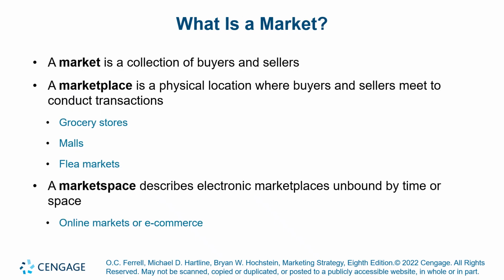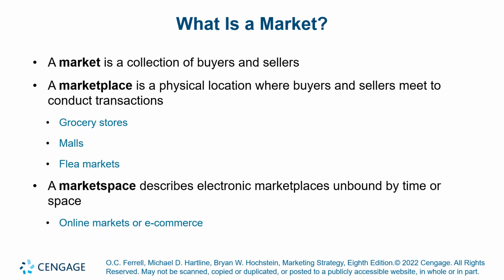And of course, while talking about marketing, first we want to know what a market is. In marketing, market always refers to people, consumers. A market is a collection of buyers and sellers. A marketplace is a physical location where buyers and sellers meet to conduct transactions. Normally people will consider market as a marketplace, but they're different things.